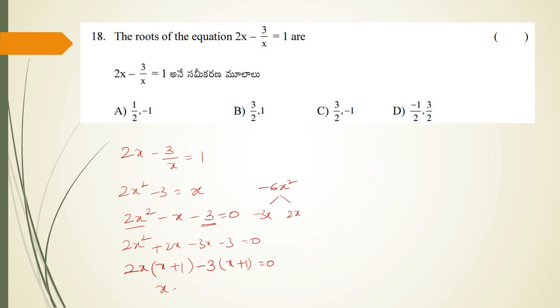So from this you can write it as x plus 1 into 2x minus 3 is equal to 0. So from this x is equal to minus 1, comma 3 by 2. So option C is my answer, right? Otherwise you can go with option verification. Okay, so it will be somewhat time saving.